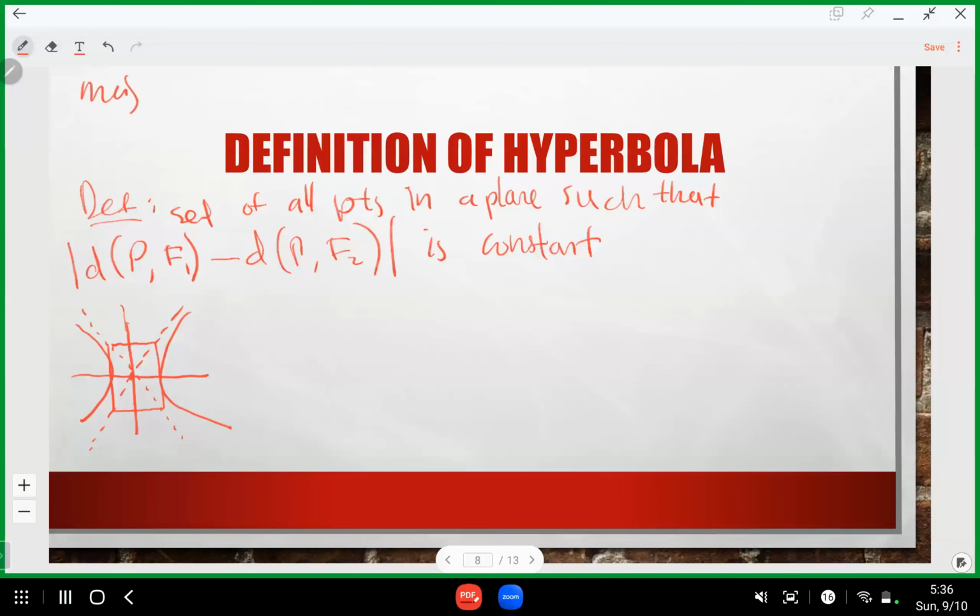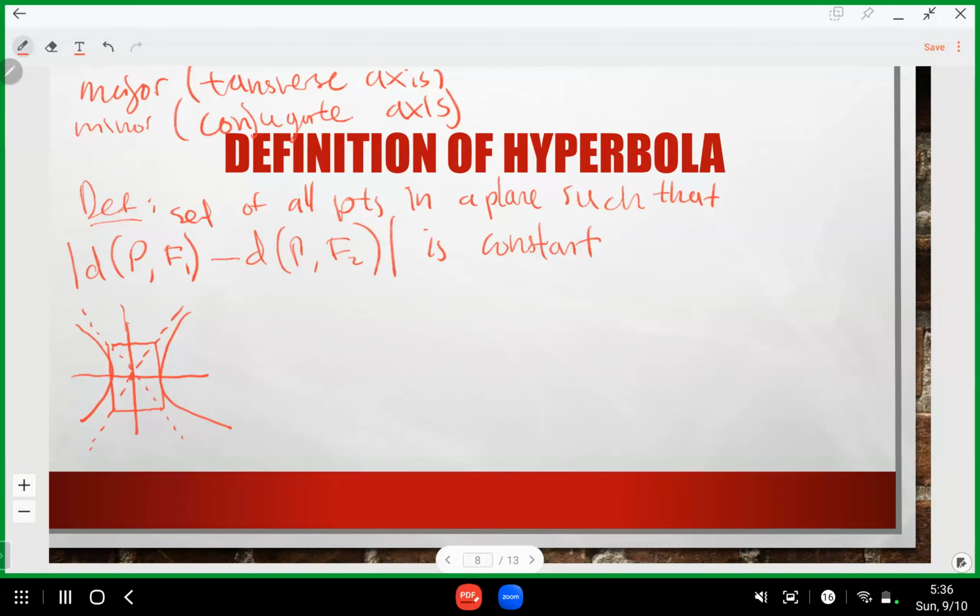The major axis that we use for an ellipse is called the transverse axis, and the minor axis that we know is actually called the conjugate axis in a hyperbola. It's kind of weird, but that's just how it's called.